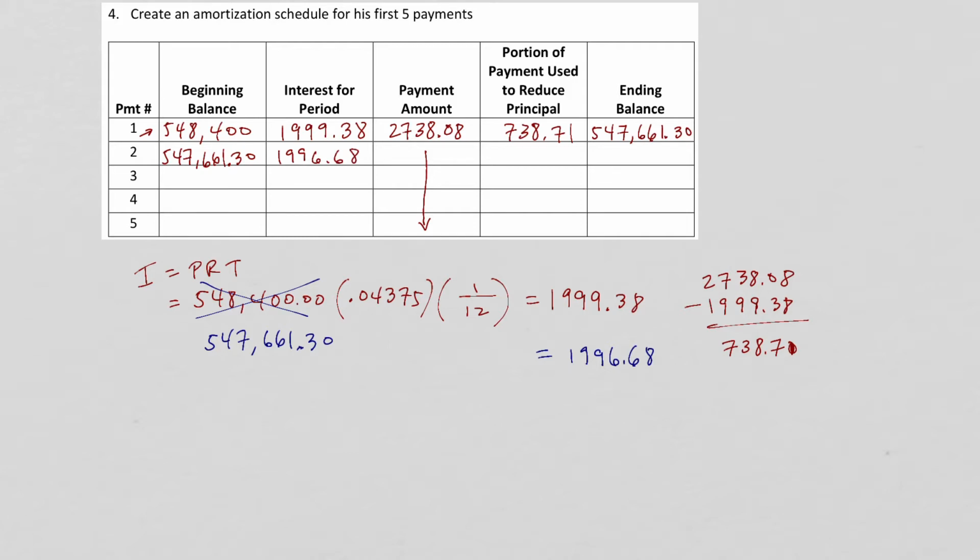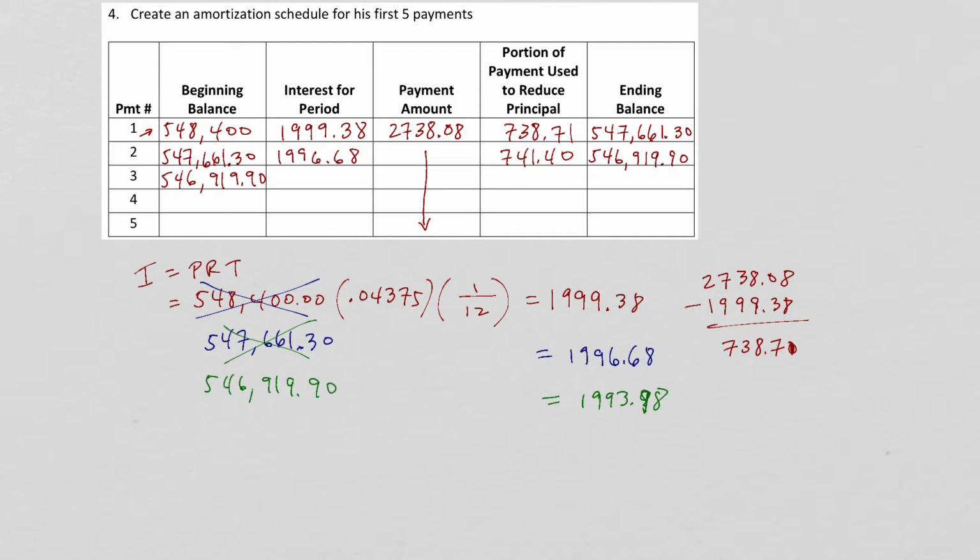Okay? The payment amount is the same, so we subtract to get this, and this will be $741.40. I'll just start filling in the rest of this because the process just keeps repeating itself. So we'll start here with that amount. And the interest for the period will take this amount and we'll plug in the 546,919.90, and we're going to get out 1993.98.